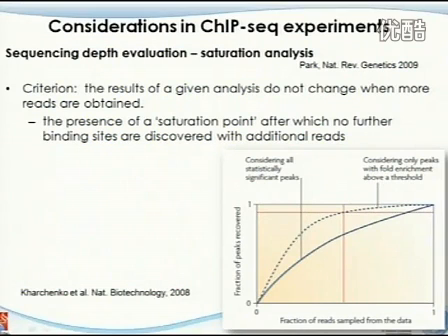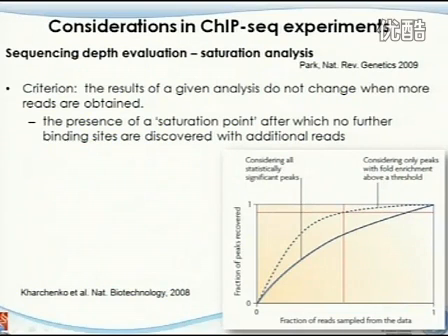If this has been achieved, so let's say you spend 1 million reads, you identified 200 peaks, okay? And you spend 2 million reads, you identified 102 peaks. So that additional 1 million reads didn't give you much additional information, and that suggests it's already been saturated, so you don't need to do more.